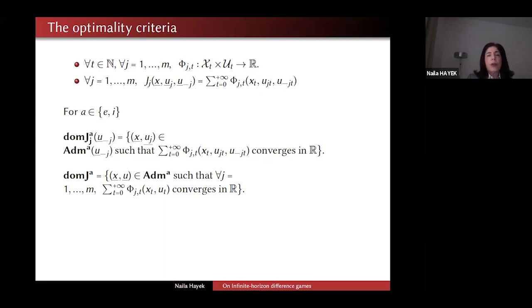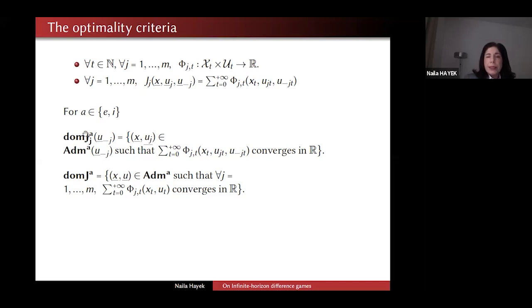Now, for the case of a difference equation or a difference inequality, we will define the notion of domain. So why do we talk about this notion? Because when you look at this series, there is no reason that the series will converge. So it can be undefined.